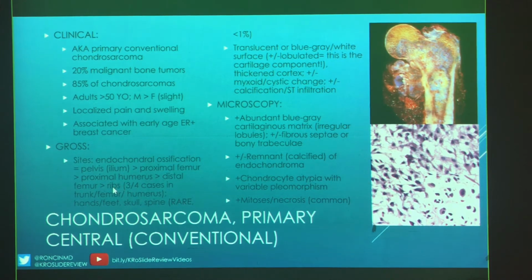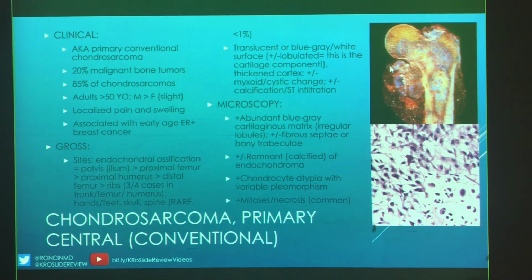If you're looking at the trunk, almost all of them will involve the ribs, and as we can see here, this is kind of what I was getting at. The translucent or blue-gray white surface, it may have a lobulated appearance, like down here it looks maybe more lobulated, and that's where you should know, like that's the cartilage part of the lesion.